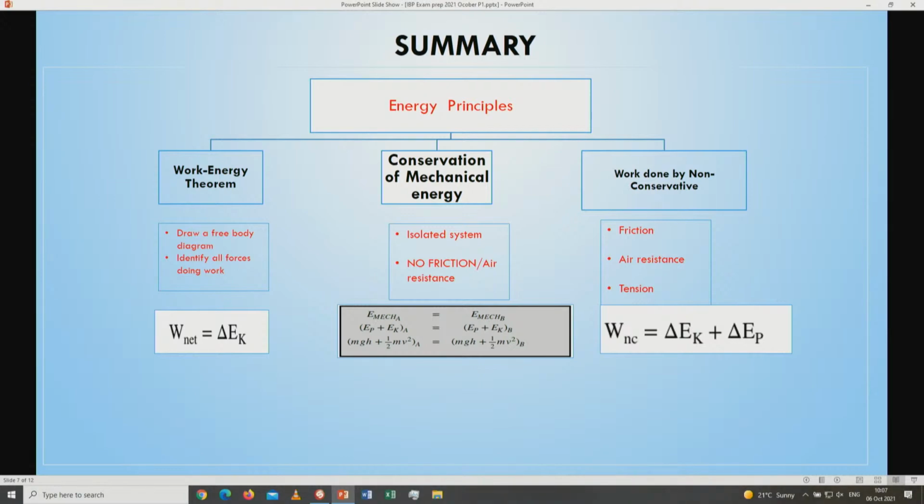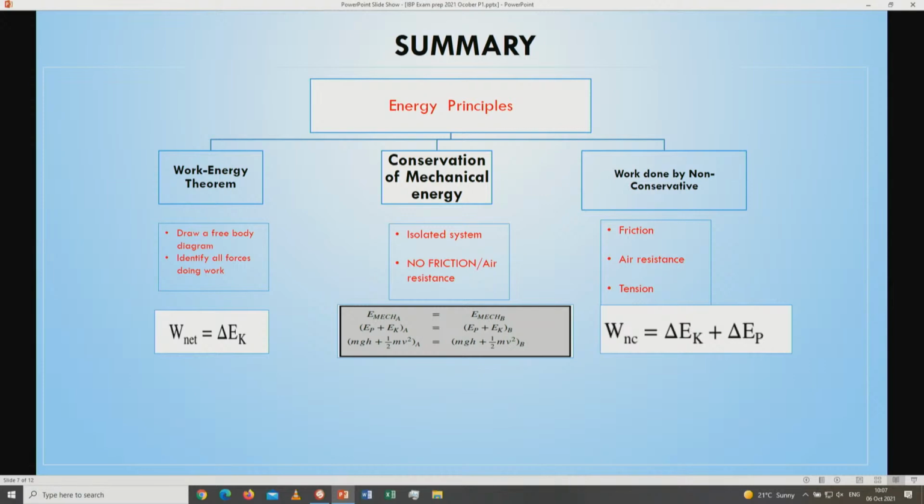So I have 3 energy principles. And I stand to be corrected, work done by a non-conservative force is not an energy principle, but I added it here to say it's applicable when we work with energy principles.